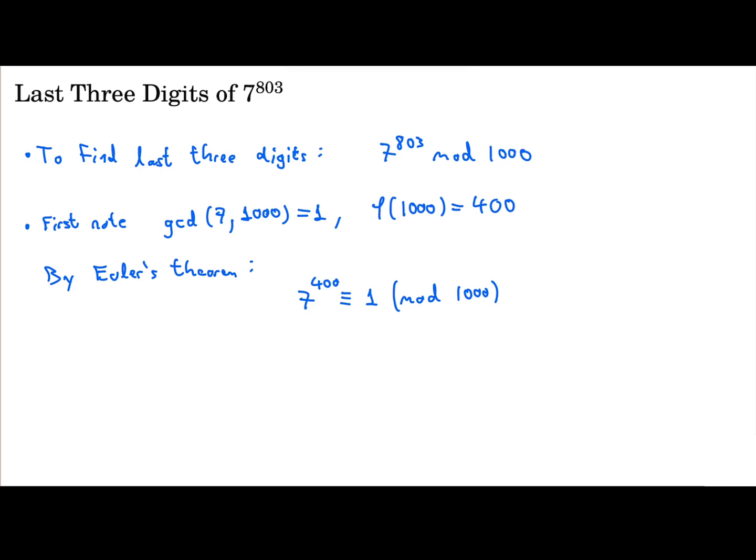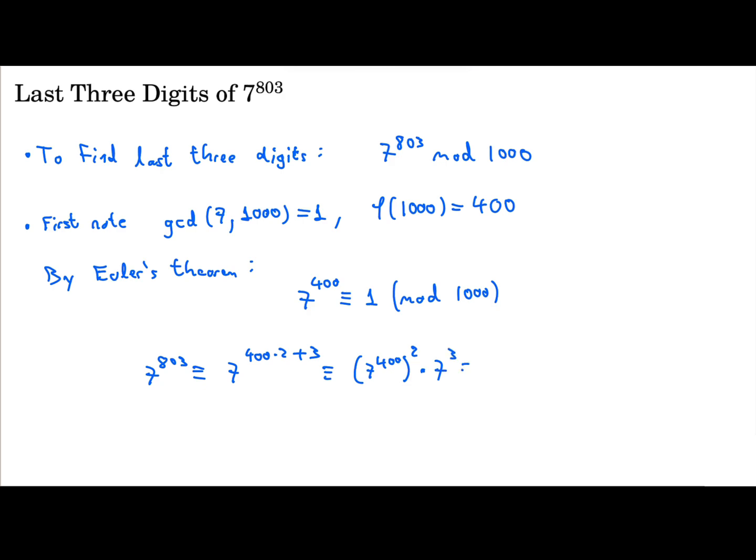So 7 to the 803, if you divide the exponent by 400, is 400 times 2, for the 800, plus 3. And you can rewrite this as 7 to the 400 squared times 7 cubed.